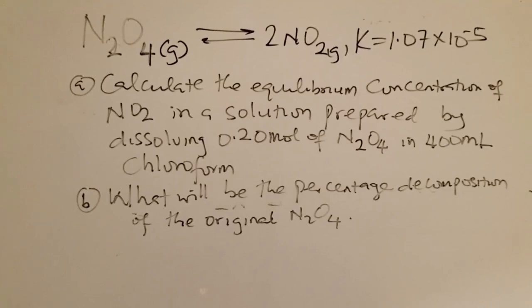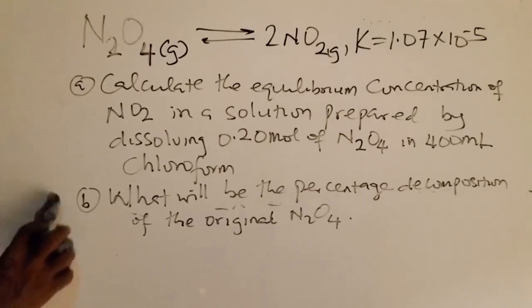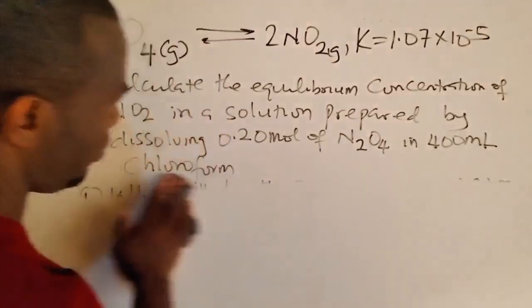Question A says, calculate the equilibrium concentration of NO2 in a solution prepared by dissolving 0.20 mole of N2O4 in 400 ml chloroform. Question B says, what would be the percentage decomposition of the original N2O4? Let's start with the first one, then go to the second one.